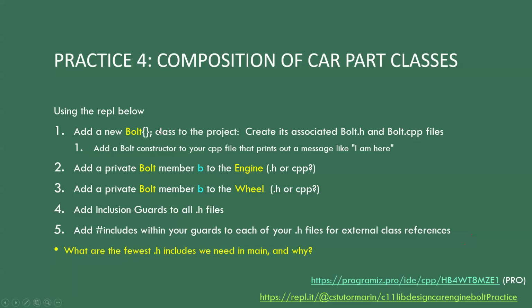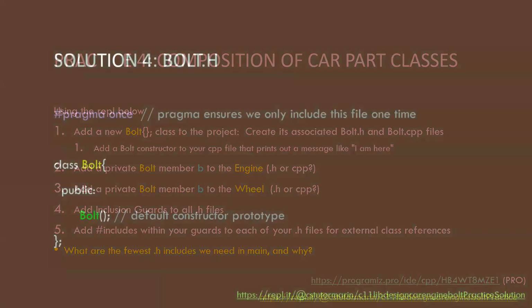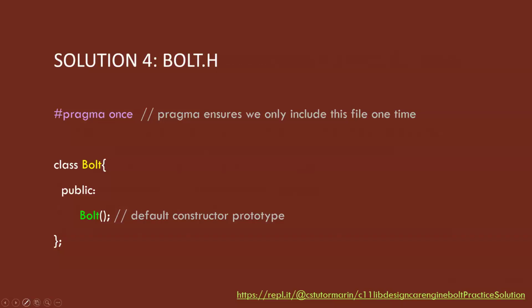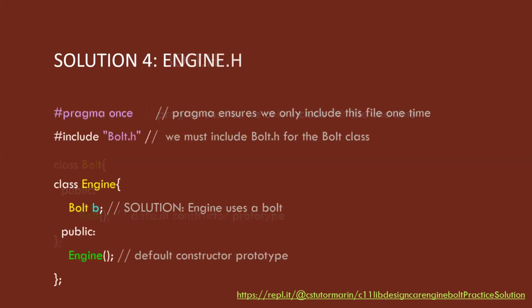So first off, we have to create a .h and a .cpp for our bolt, okay? Like our risk project, that's pretty easy to do. And then you just fill out the basics. So here's my bolt.h: pragma once, class, and then a prototype for my constructor with no arguments. Just a simple constructor.